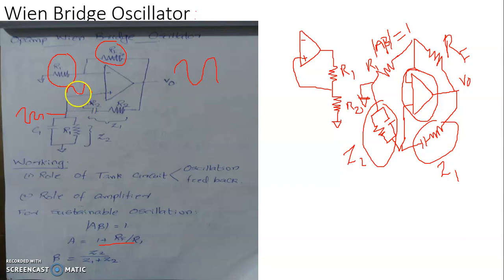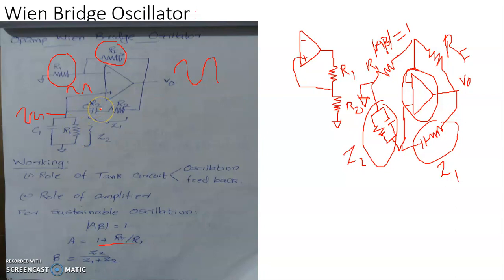That undergoes an addition with the signal already coming from the tank circuit, so that we will get sustainable oscillation in the output. So the role of the amplifier is to act as a non-inverting amplifier having gain 1 plus Rf by R1. The role of this parallel tank circuit is to produce the sinusoidal oscillation. And what will be the role of this series resonance circuit?